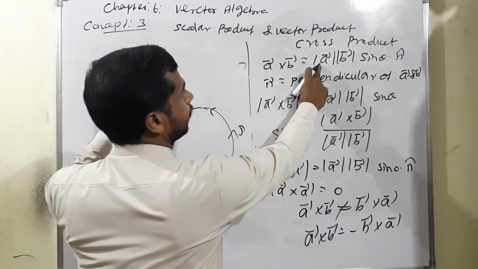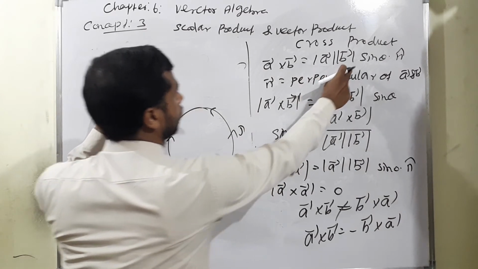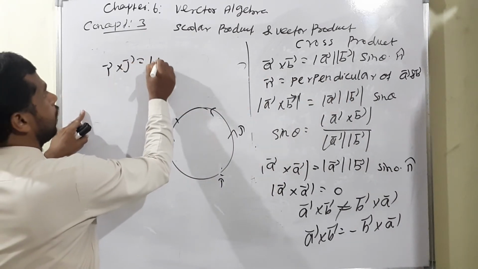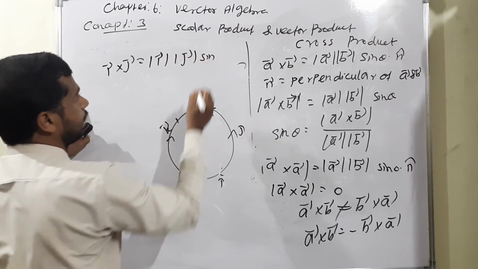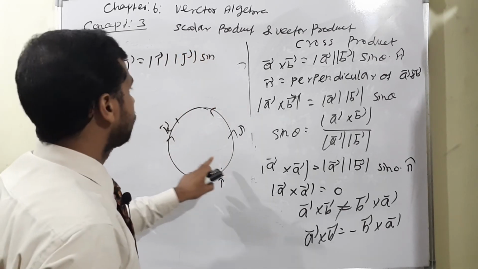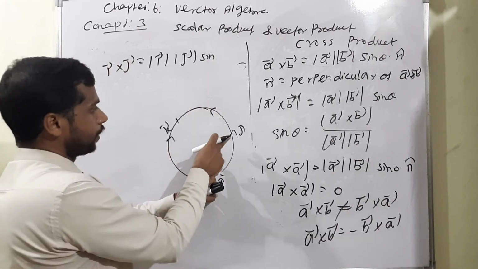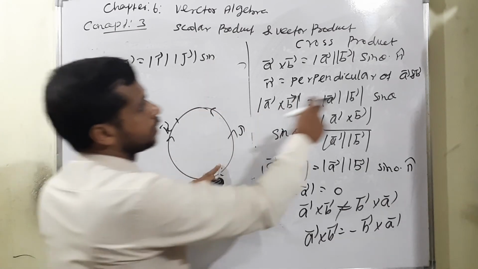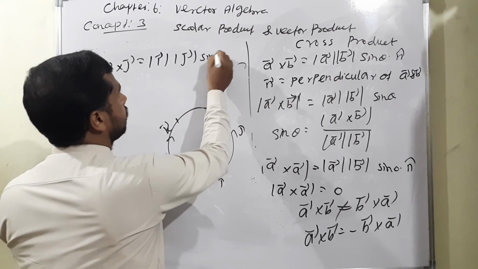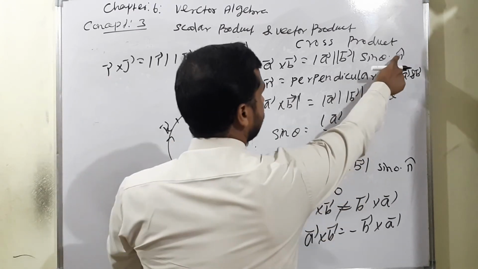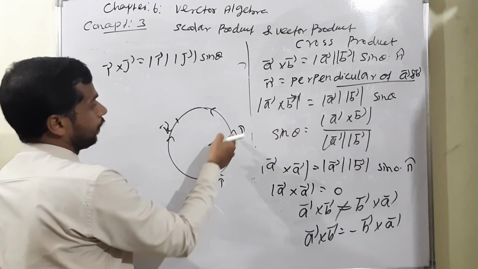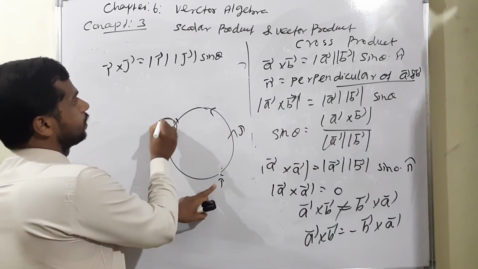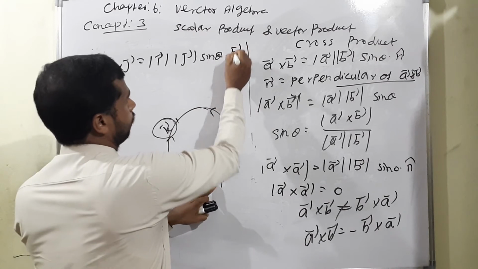A vector cross b vector is equal to modulus of a vector into modulus of b vector into sin theta into n cap, where n cap means the perpendicular to a and b. The perpendicular to i and j, what is the value, sir? k. So sin theta into k cap.